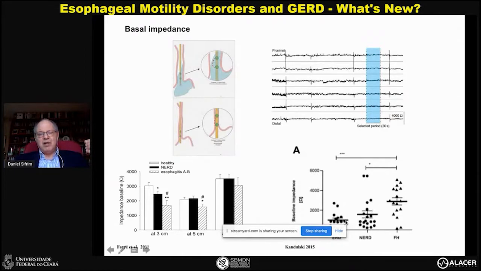Having a baseline impedance below 2000 is moving the balance more to the NERD side than to the functional heartburn. And this is measured during the night because this is the period where there are less swallows and less reflux. We make a measurement of the night recording of the baseline impedance, and that is why we call it mean nocturnal baseline impedance.